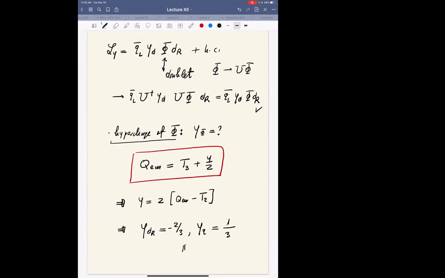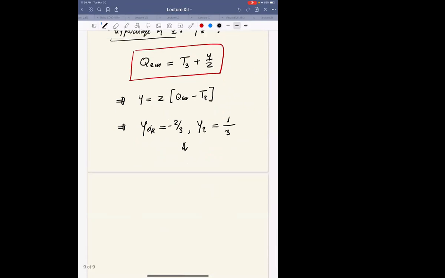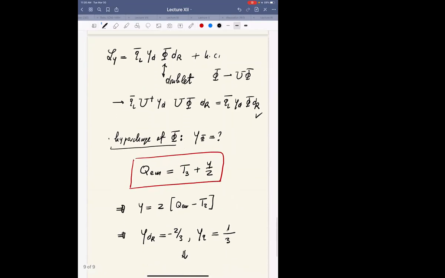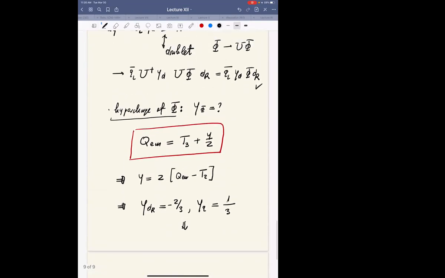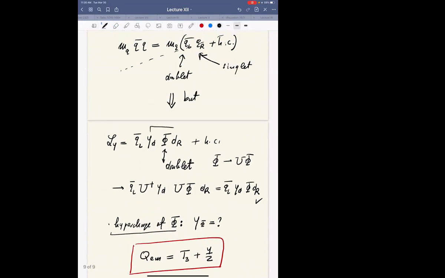So from here, what do I get for the hypercharge of phi? Hypercharge, sorry, not Yukawa. I shouldn't confuse this with the Yukawa coupling. My God, it's terrible. We have a similar notation. Oh, but everybody calls it that. This is not a hypercharge. This is just a coupling.